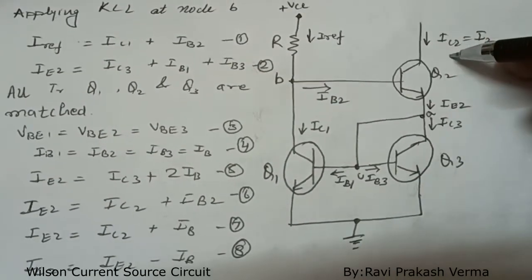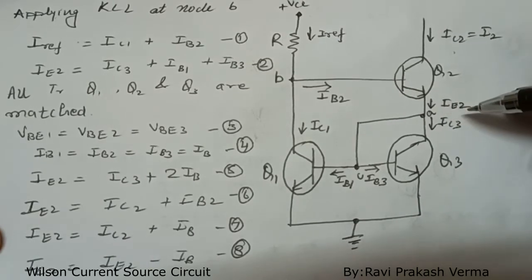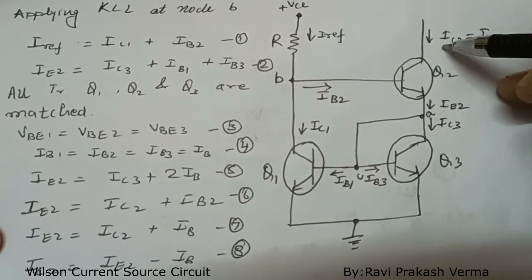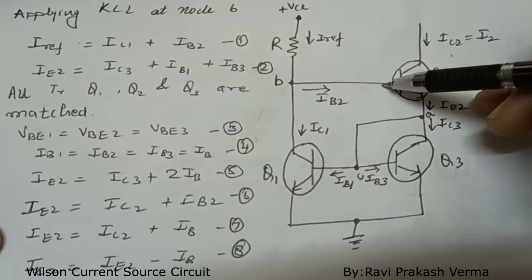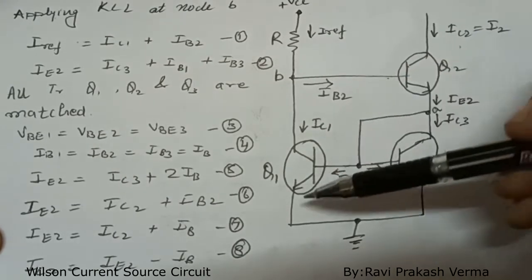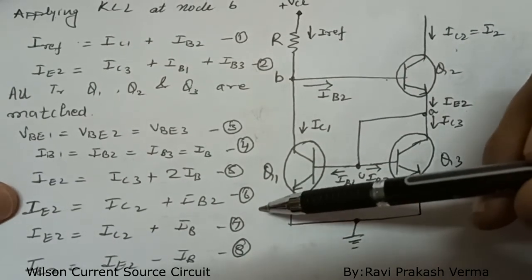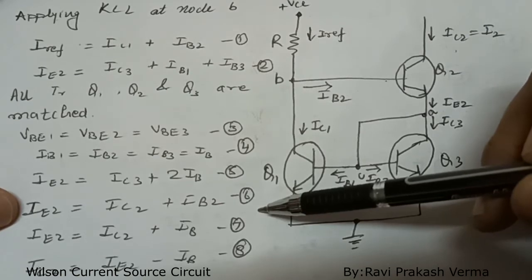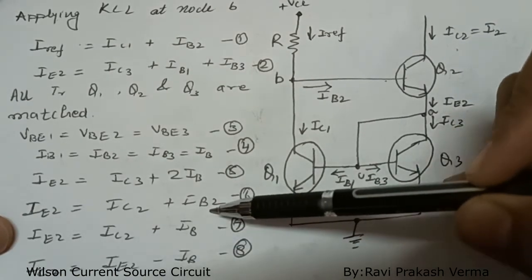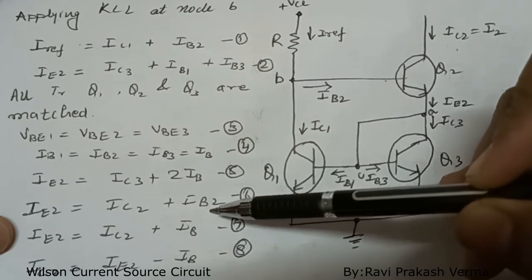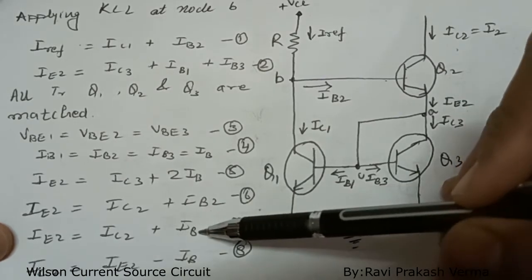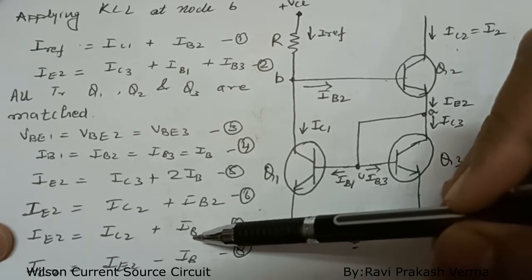In the Q2 transistor, the current leaving is IE2 and the currents entering are IC2 and IB2. So this can be written as equation number 6, IE2 is equal to IC2 plus IB2. And this base current IB2 of the second transistor is equal to IB, so IB2 can be replaced by IB.